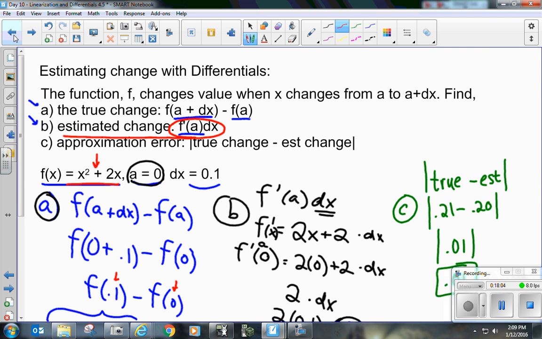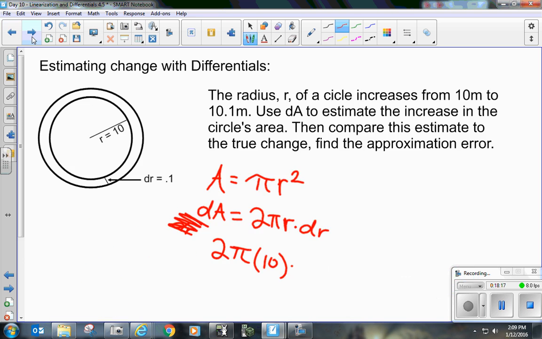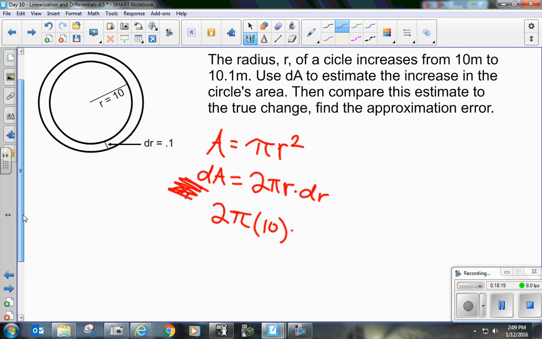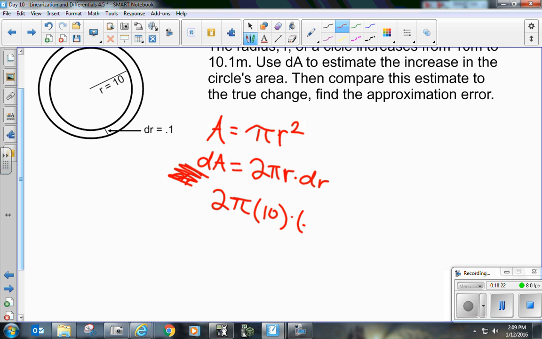This problem here is dx because an x is inputted, so that's why I use dx. Just want to point that out. Whatever variable is in the equation, it's d times that variable. Okay? So, what is dr? Can I trust you guys to put that in your calculator and round to 2 decimal places?